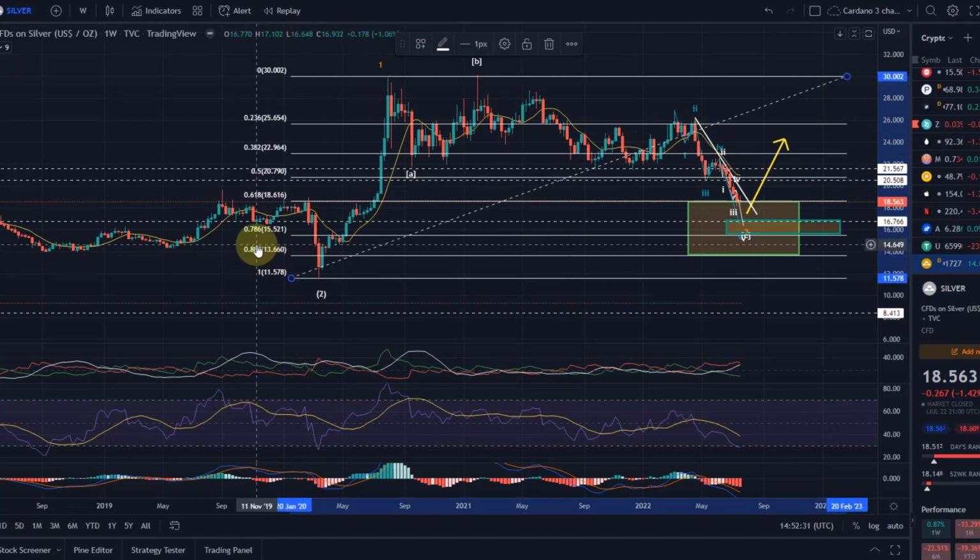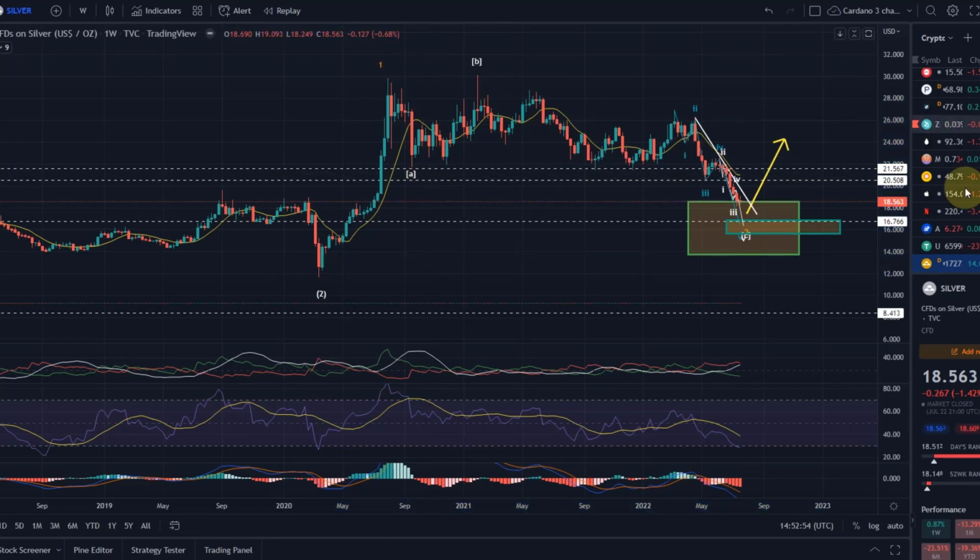Here in this case, the 88.7% Fib level and the 61.8. This differs from asset to asset. They have different behaviors, different retracement levels, and silver normally retraces to the 61.8 to the 88.7% Fib level.